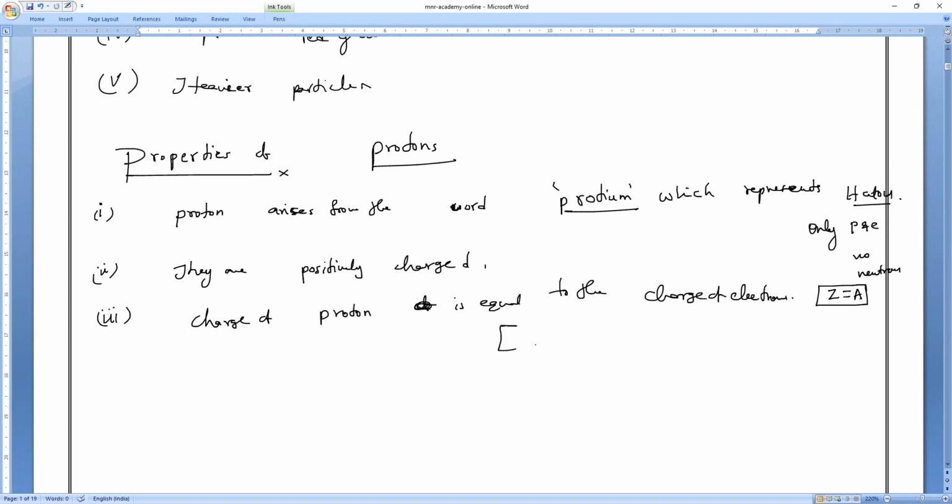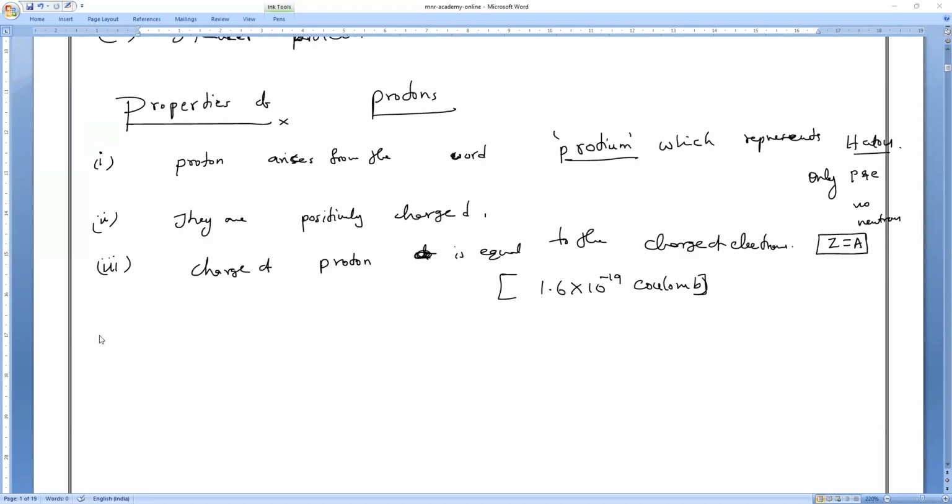So what is the charge? Both charges are how much? 1.6 into 10 power minus 19 coulombs. You should learn this value by this time. Clear, everyone? So please make a note. Understand?